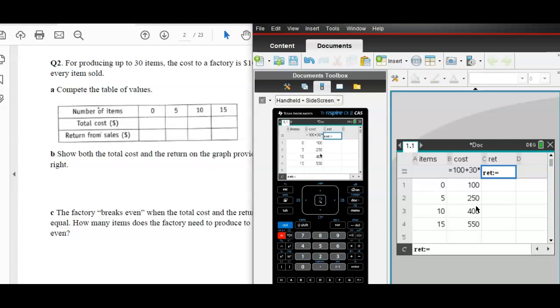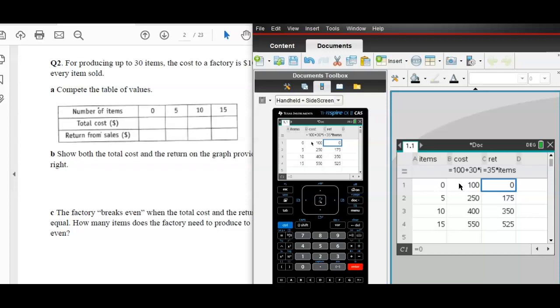So return must be a function already in the calculator. So if we do RAT, that's our return. So it's $35 times our number of items. I can just type in items there. See how when I finish the word, it bolds it? That just means it's already a variable. So it's calculated for us.